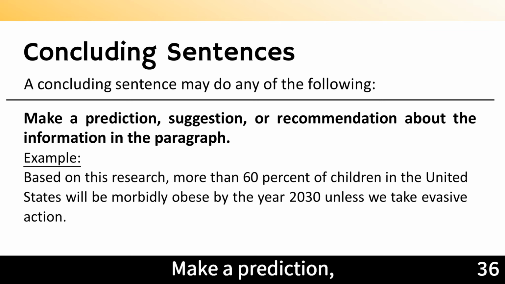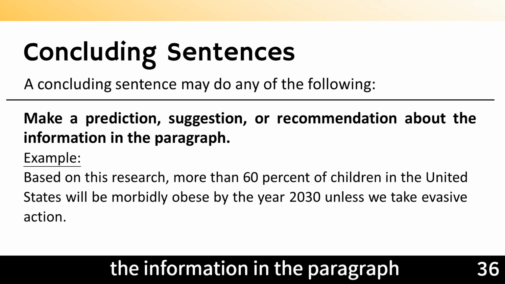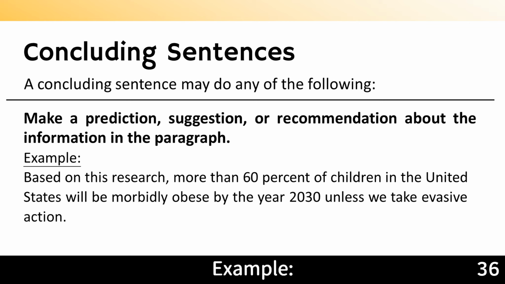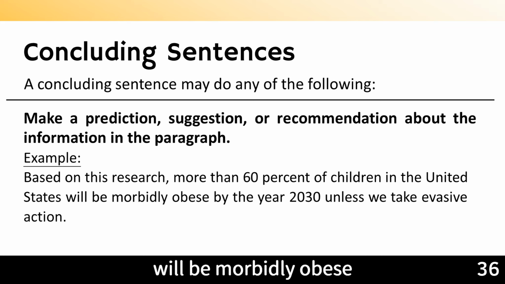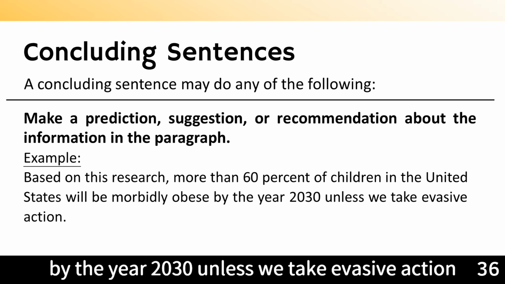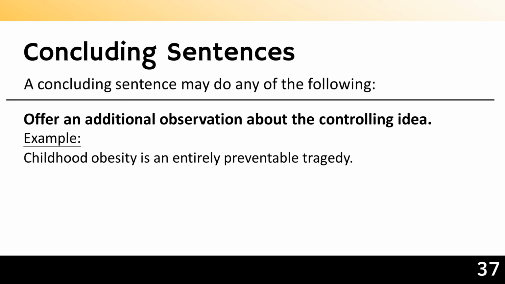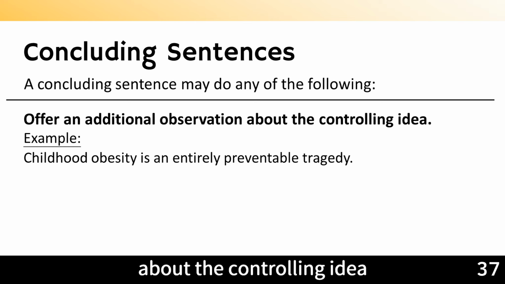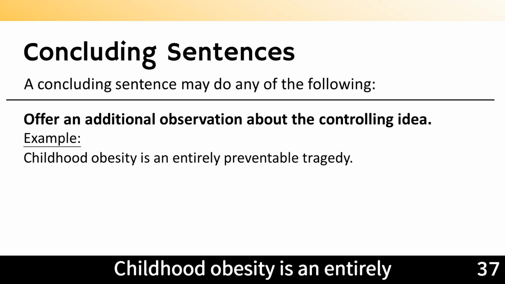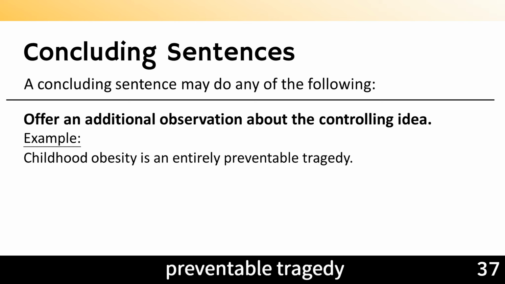Make a prediction, suggestion, or recommendation about the information in the paragraph. Example: based on this research, more than 60% of children in the United States will be morbidly obese by the year 2030 unless we take evasive action. Offer an additional observation about the controlling idea. Example: childhood obesity is an entirely preventable tragedy.